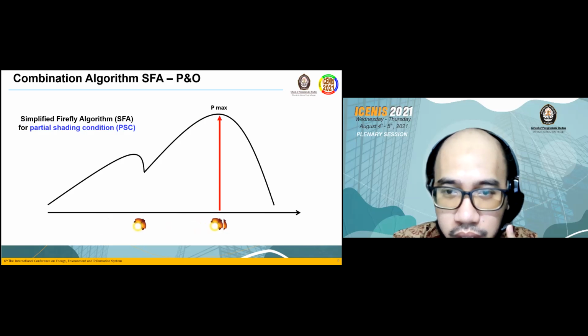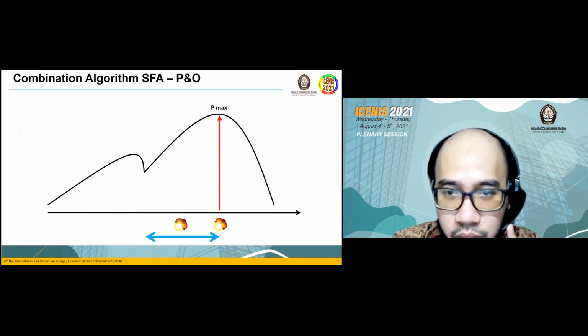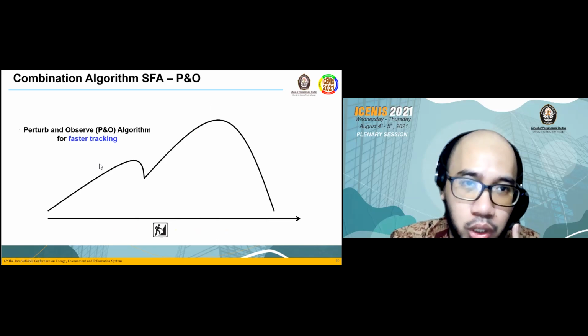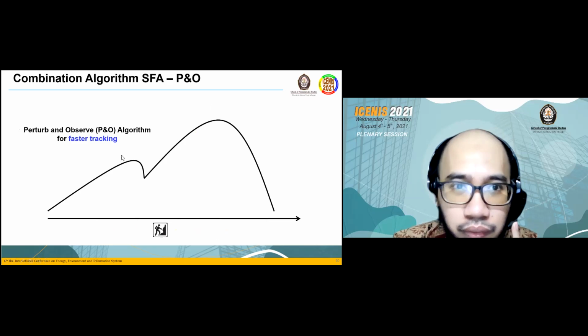But when it is close to convergence, it switches to the perturb and observe algorithm for faster tracking.